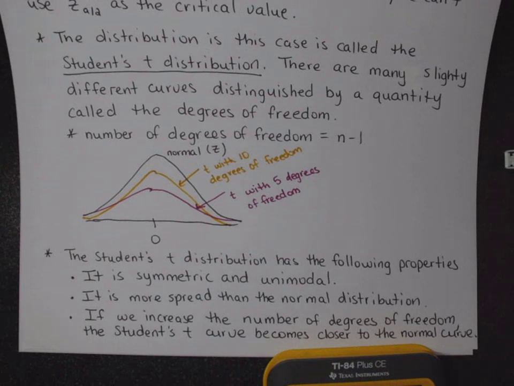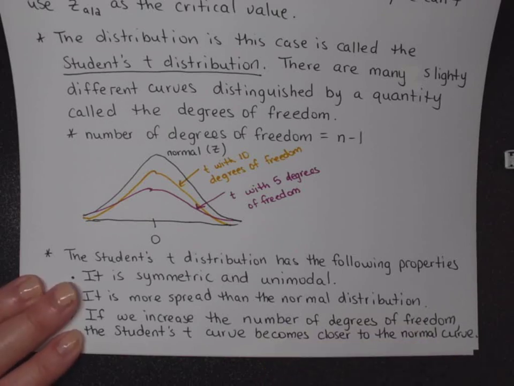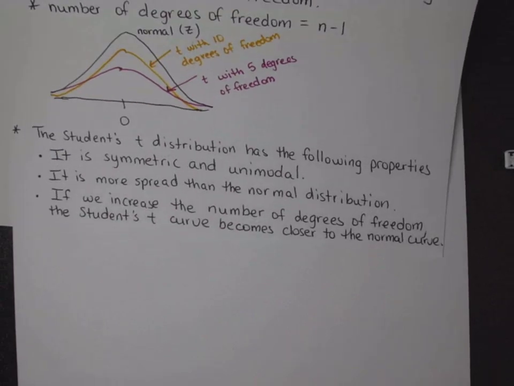In other words, if we can survey enough items, then we can more resemble the normal distribution that we're used to.